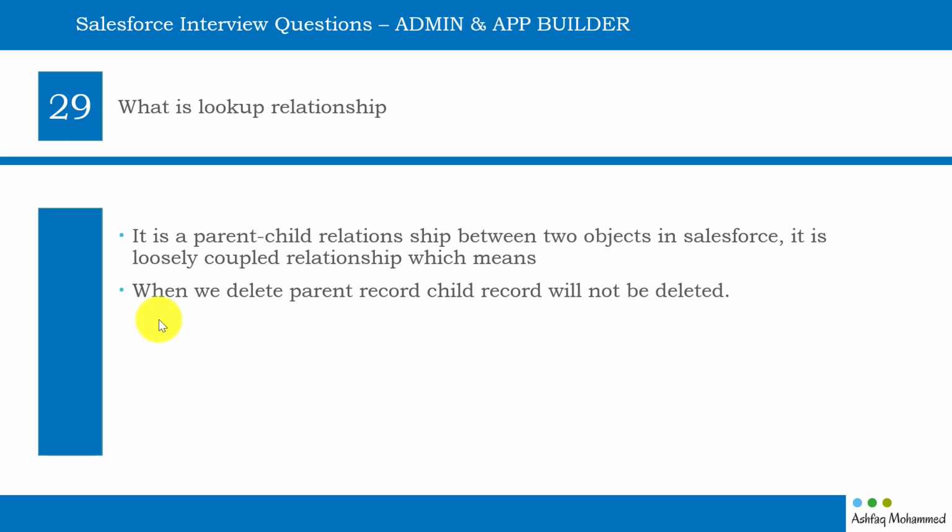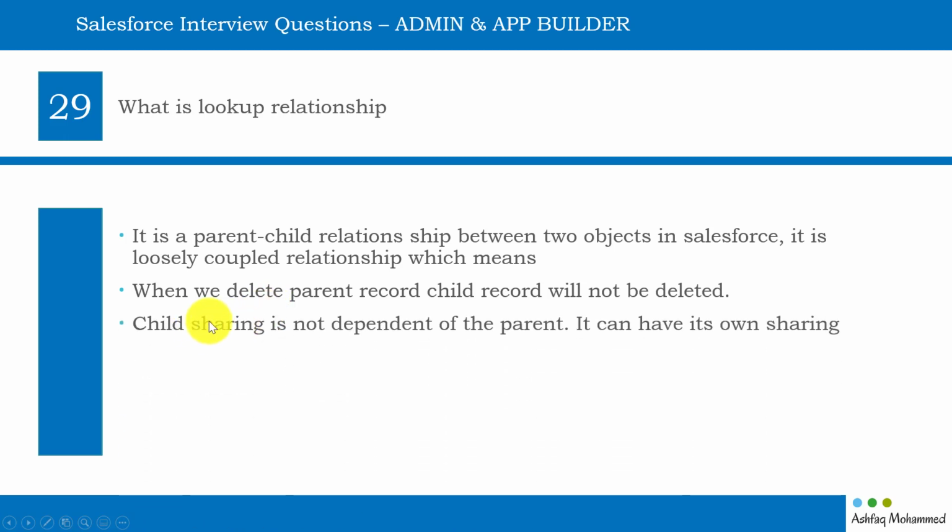Route means the bus route for a university. So if I'm deleting a student, I should not delete the route, or I should not delete the course, because that course can be used by someone else as well, right? If you are in that situation, then you can use a lookup relationship.